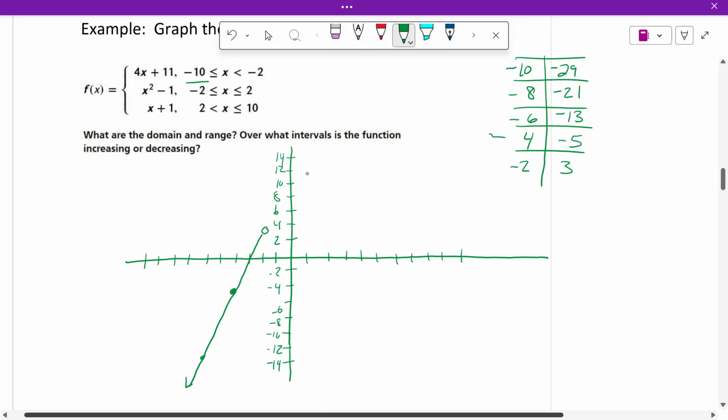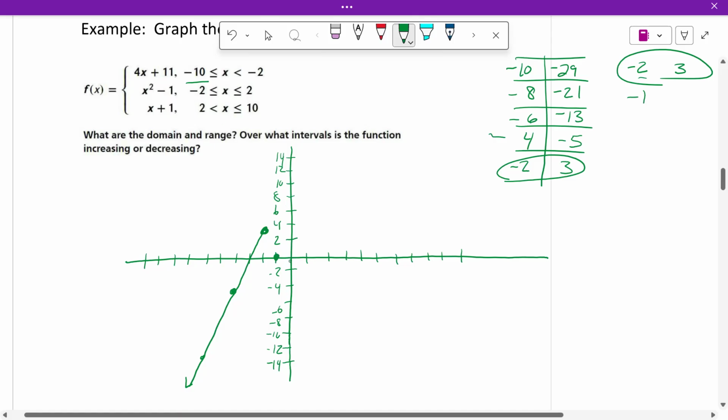All right. And then at negative 2, what's negative 2 squared? 4 minus 1 is 3. So negative 2, 3. These match up, don't they? So a filled-in circle covers up the open circle. Okay. If we put in a negative 1, squared is 1 minus 1 is 0. So negative 1, 0.